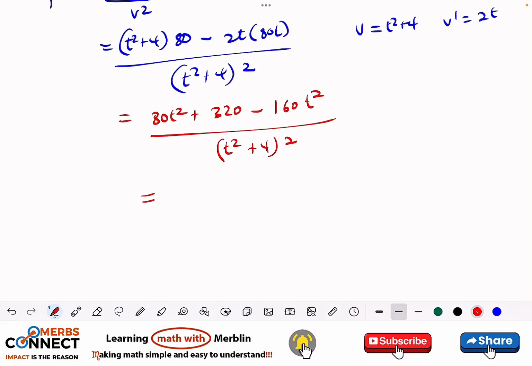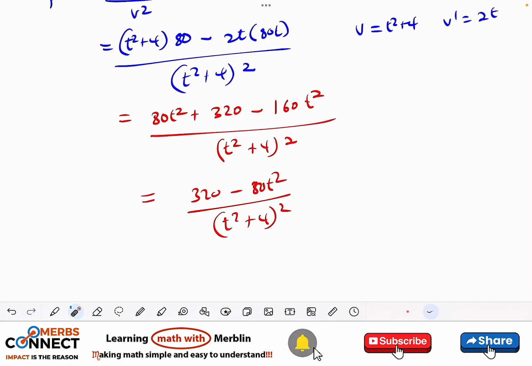So let's see, we are going to have 320 minus 80t squared divided by t squared plus 4 all squared. So as I said, for rational functions, for us to find the critical values, set the denominator to 0 and set the top to 0. So let's set the top to 0.